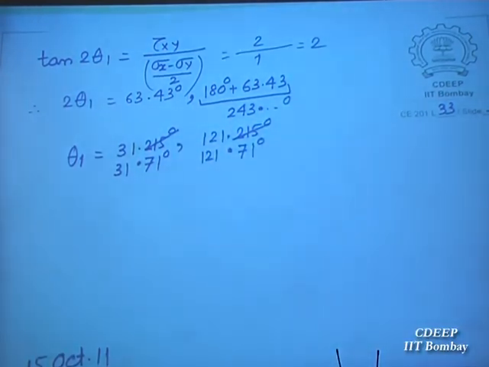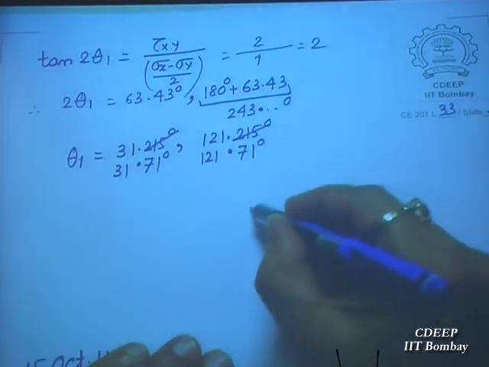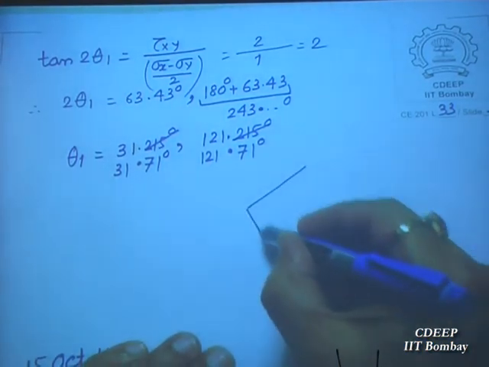So you have to do this. You cannot leave it, in examination you cannot say that yes, I have done it, tangent 2 theta equal to 2 and that is all, matter ends there. No, please find out the angle. Then you have to show this on the element.